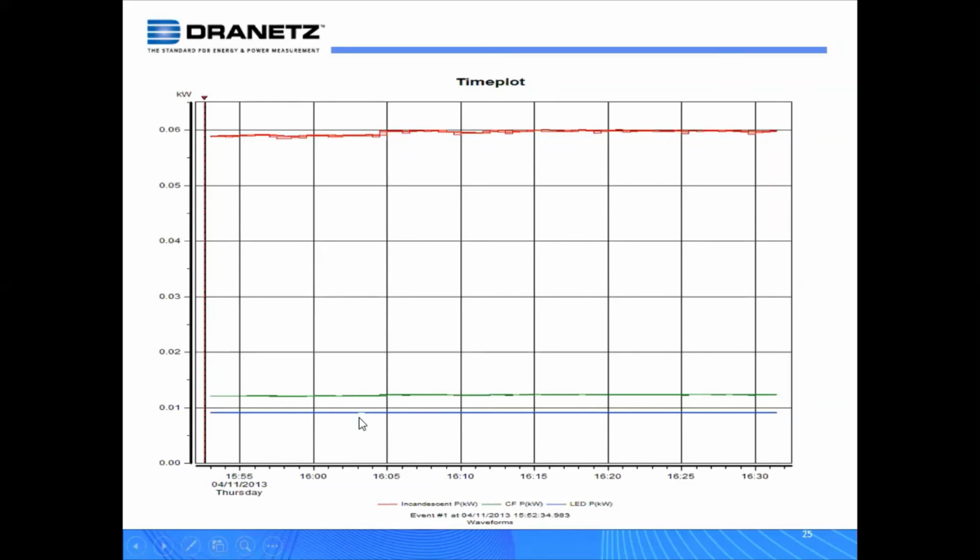So we can see from an active power trend that this is 60 watts. This is about 10 watts, 12 watts. This is probably around 10. So we can see from an active power standpoint that they pretty much match the nameplate information on the bulb itself.